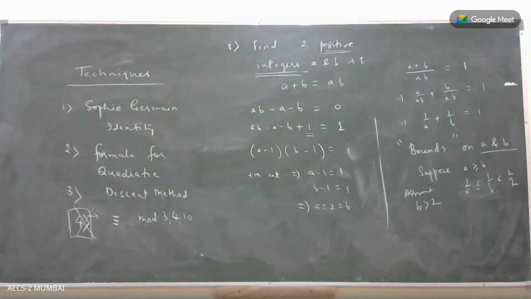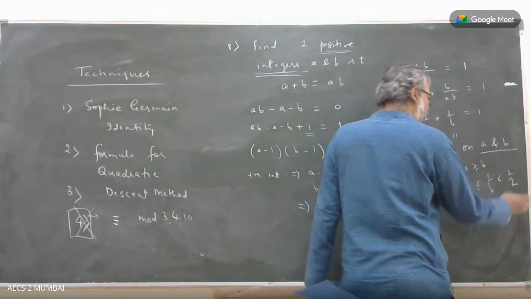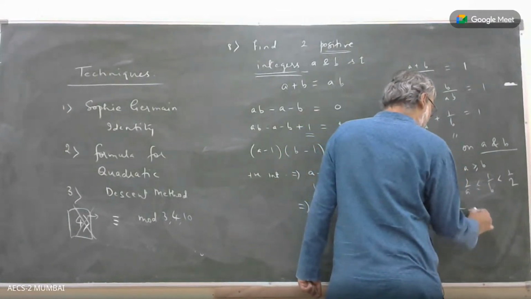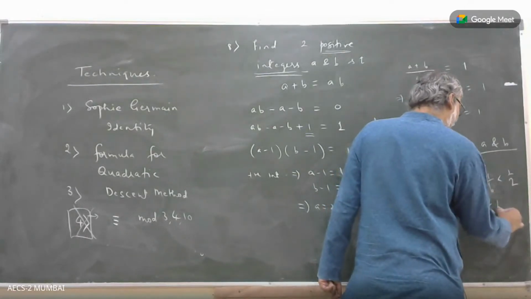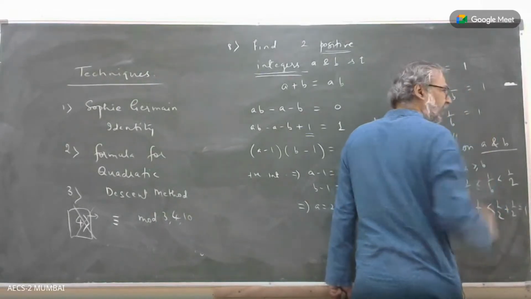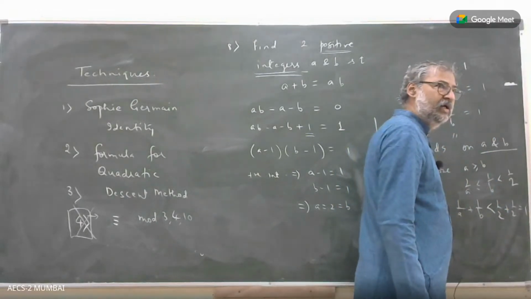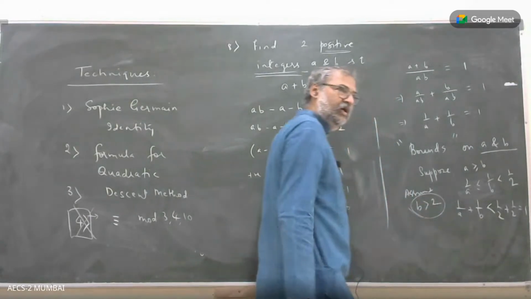Then 1 by A plus 1 by B is less than half plus half. So it's less than 1. It can't be equal to 1. So if my B is greater than 2, there is no solution.